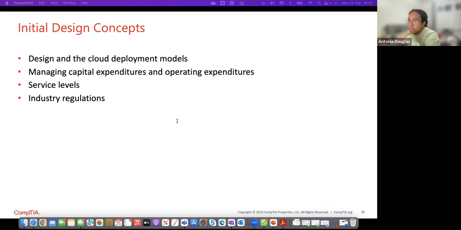So essentially, that is just looking at your initial design concepts. So your design should leverage the characteristics of cloud computing. It should also reflect the service orientation approach, something that may be a significant change to your organization.